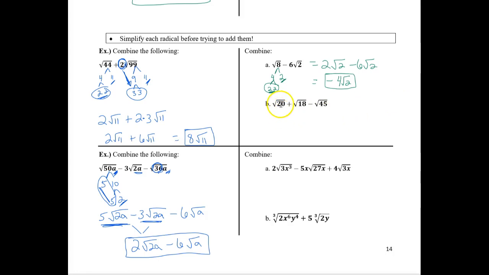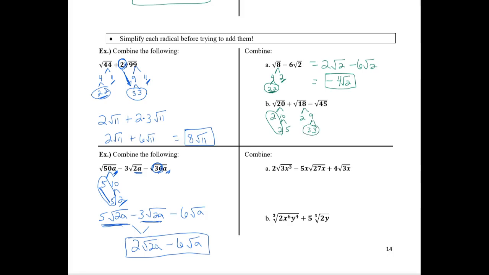Alright? Now I have square root of 20 plus square root of 18 minus the square root of 45. None of these look like, but none of them are simplified. So I start by factoring 20: 2 times 10. 10 is 2 times 5. I see a pair. I can take those out. 18: 2 times 9. 9 is 3 times 3. I see a pair.